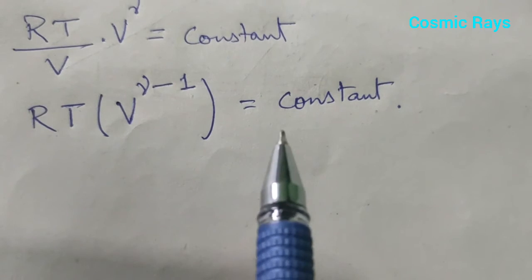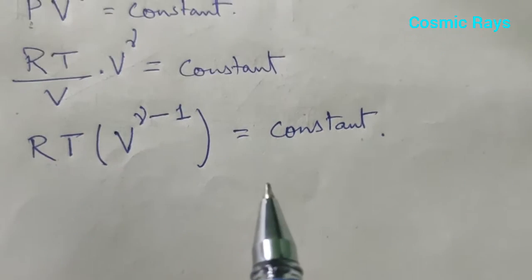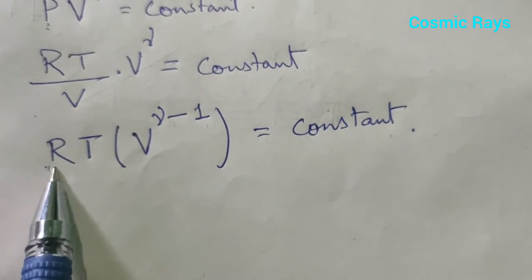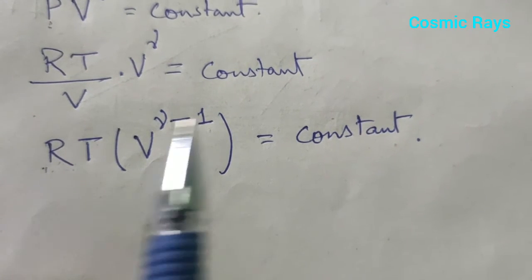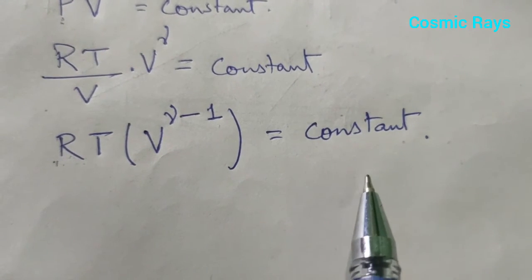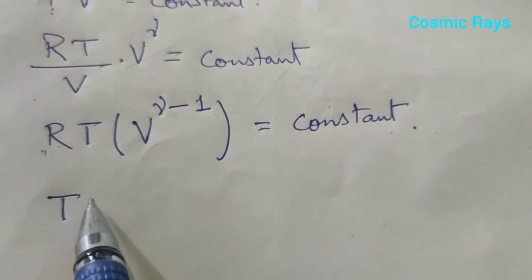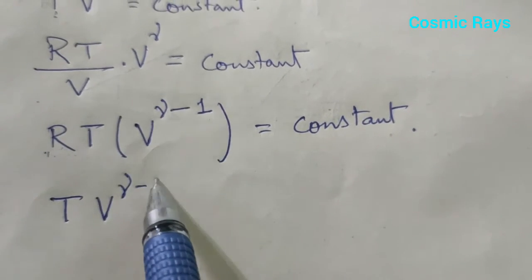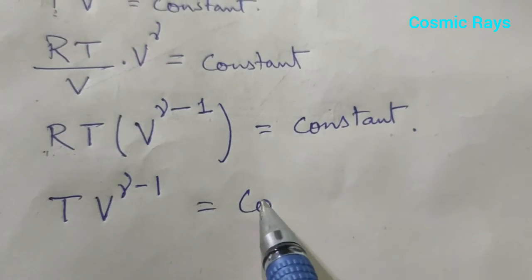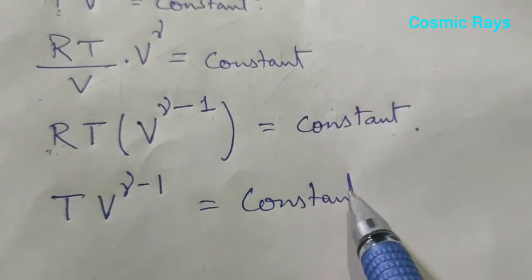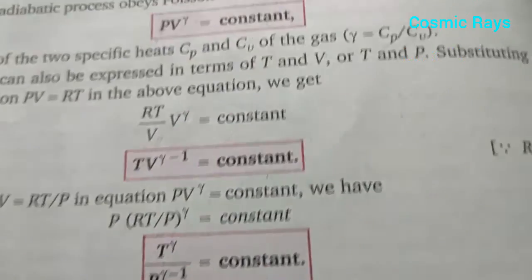Now this capital R is the universal gas constant. So if I take this R on the other side, constant by a constant will be another constant. That is why we can write T V to the power gamma minus 1 equal to a constant. This is what is given here.